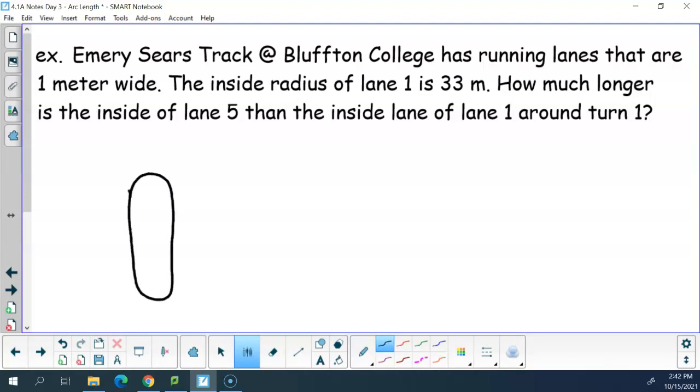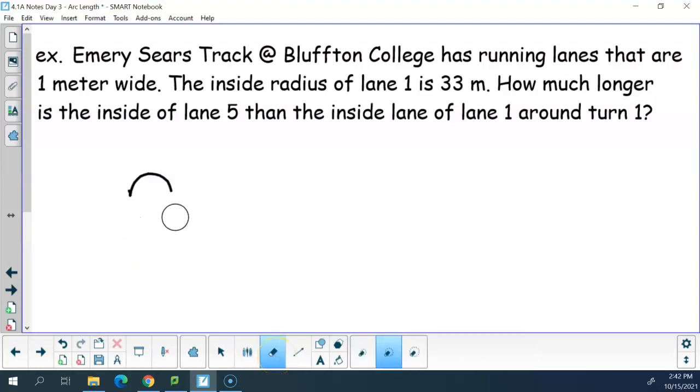Okay. So there is the inside of lane 1, around the track. Now, what part of the track is turn 1? Make a left turn.